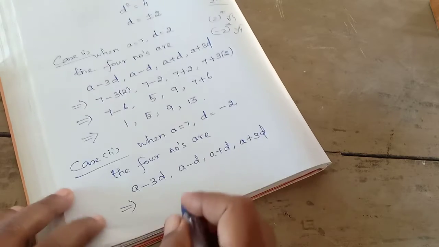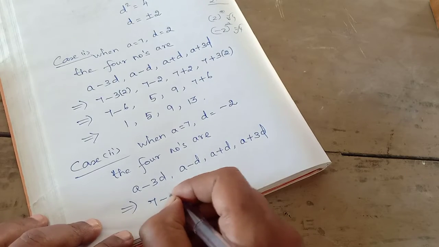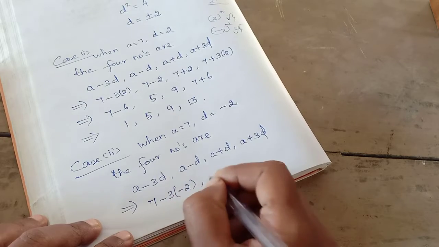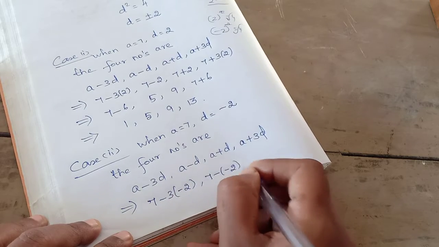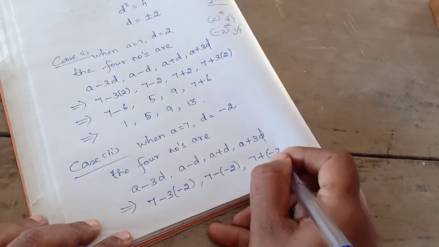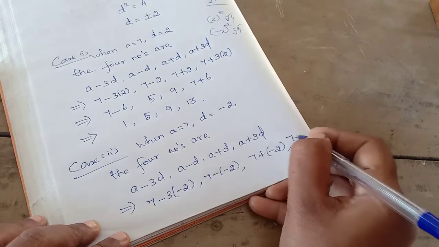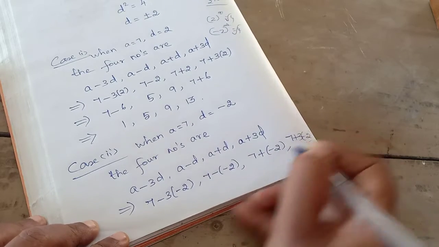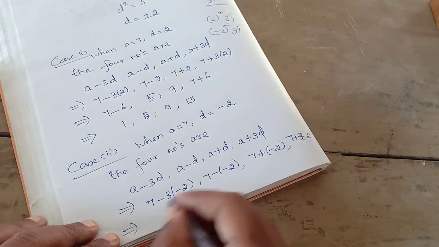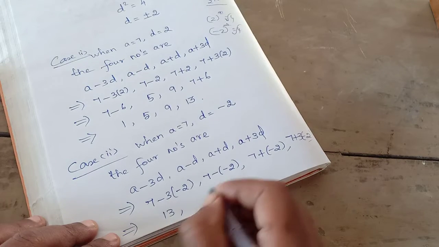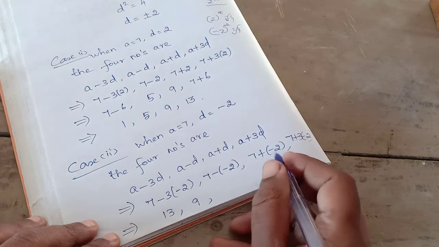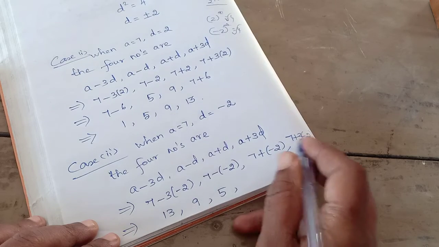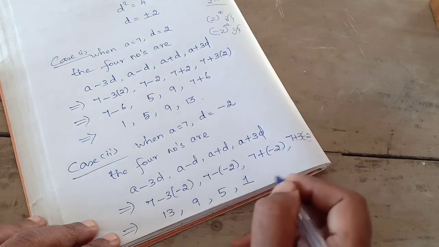So just substitute here. 7 minus 3 into minus 2, 7 minus minus 2, 7 plus minus 2 and 7 plus 3 into minus 2. So 7 plus 6, 13, 7 plus 2, 9, 7 minus 2, 5, 7 plus minus 6, 1.